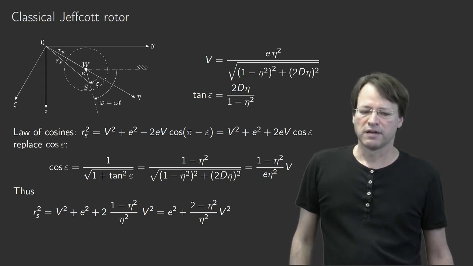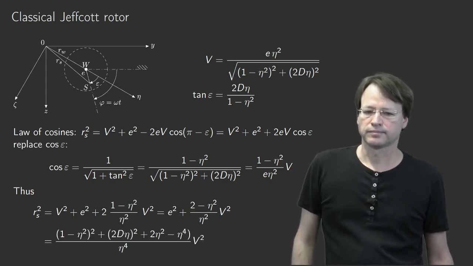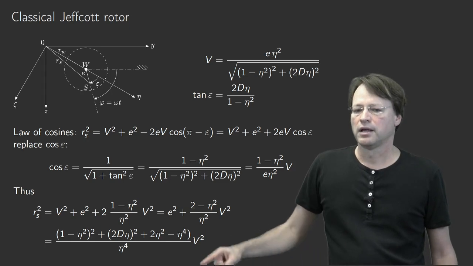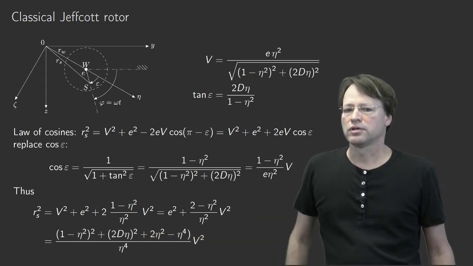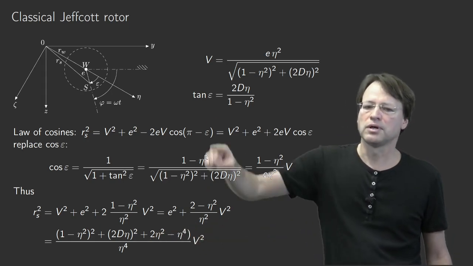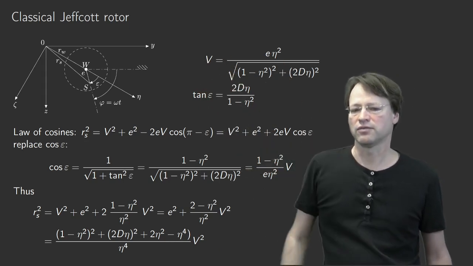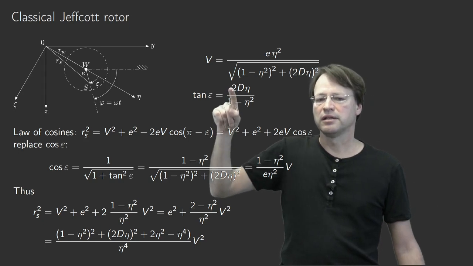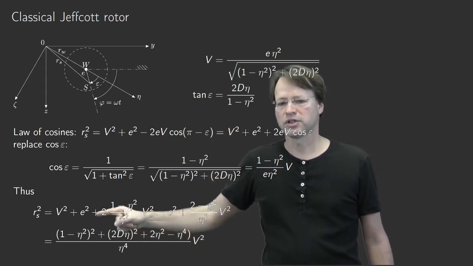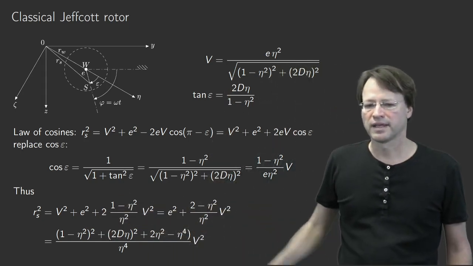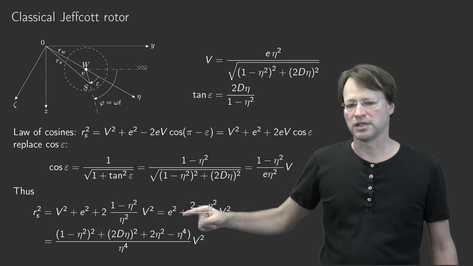So in total, we will find eta in 4th power, because we squared that equation, so we get eta in 4th power. We get the denominator squared, which is now in the numerator. So we are discussing the term in E squared.